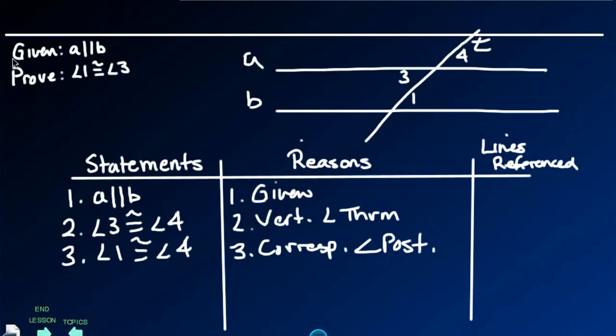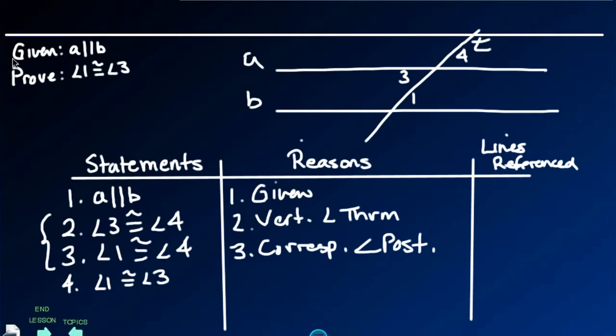Well, now you'll notice that I've created in my two statements here that angle 3 is equal to angle 4 and angle 1 is equal to angle 4, and that's what we talked about before, creating two statements where two different things are equal to the same thing, because then I can apply the transitive property or substitution, because now I can state what it is I've been asked to prove, that angle 1 is congruent to angle 3, and that's because angle 4 is in both statements.